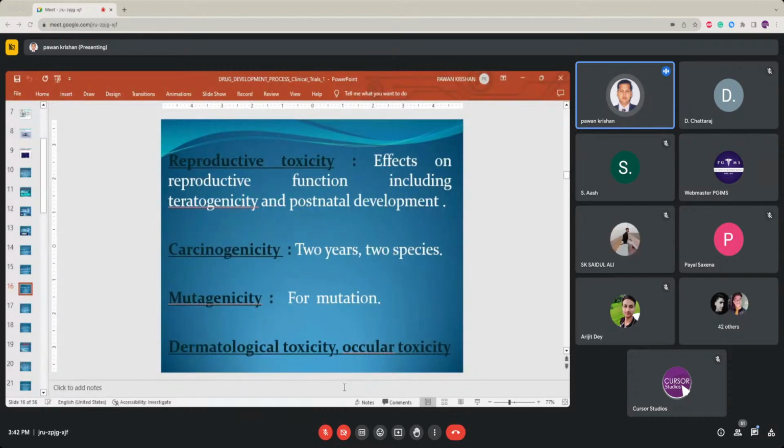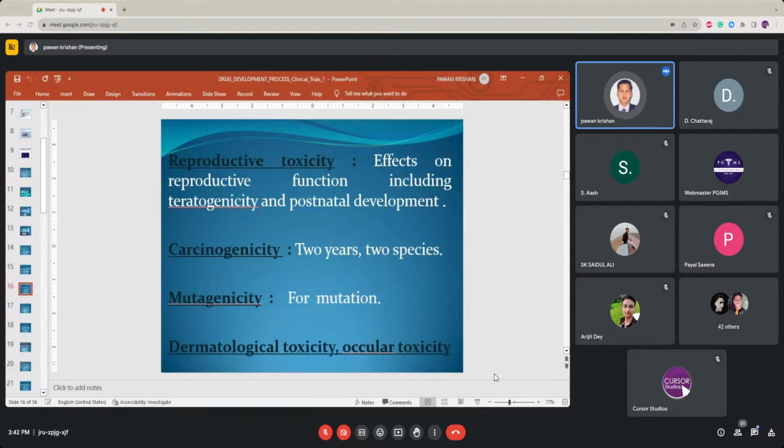So if you think, suppose it is rats or mice, they have a short time period of reproduction. But when you talk of monkey or dog or other, then it will take years to reproduce and mature, again reproduce, like that. And carcinogenicity, the requirement is 2 years.